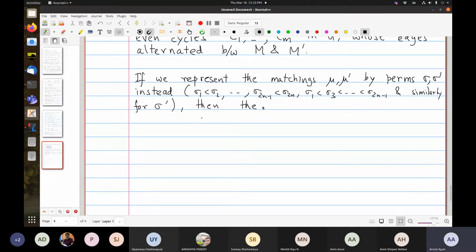then the permutation representing M symmetric difference M prime is basically the permutation tau, which is sigma prime composed with sigma inverse.